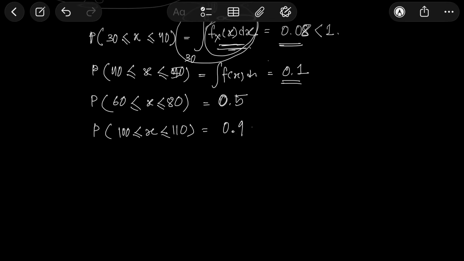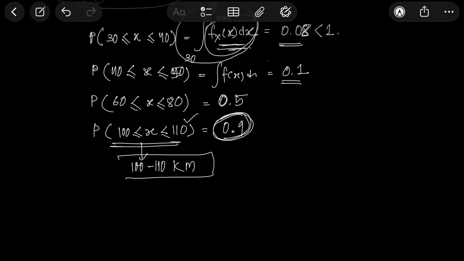Okay, 0.9 means the car is actually moving. From this you can convey that the car is moving at 100 to 110 kilometers per hour. The probability of moving at that speed is the highest. Now you will know that the car is overspeeding.